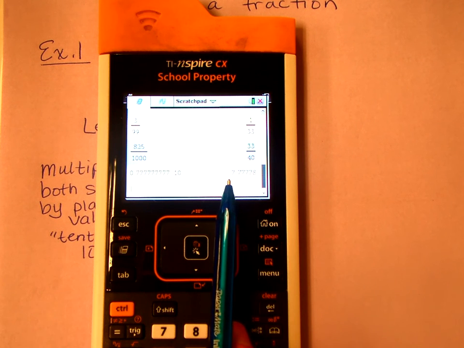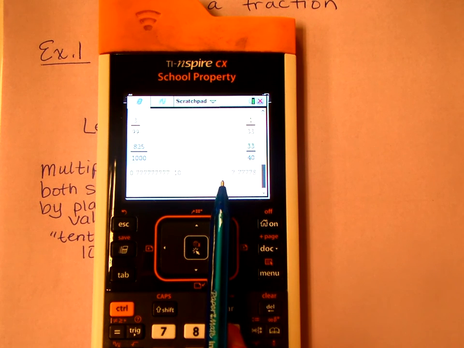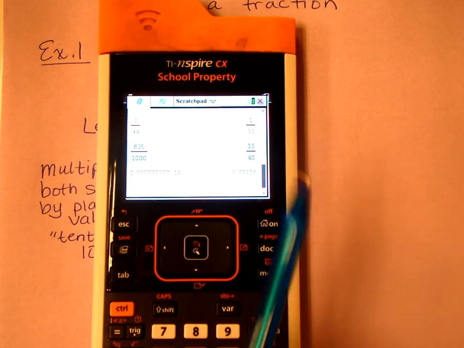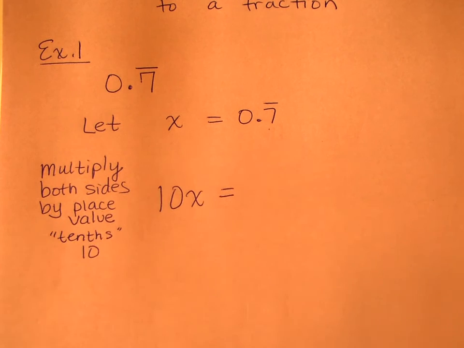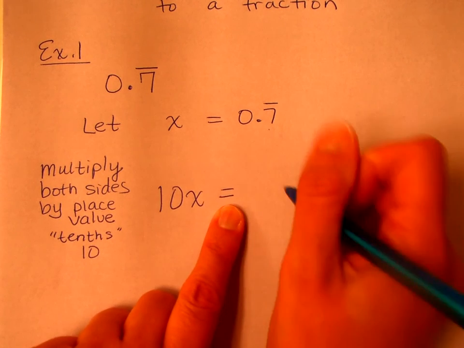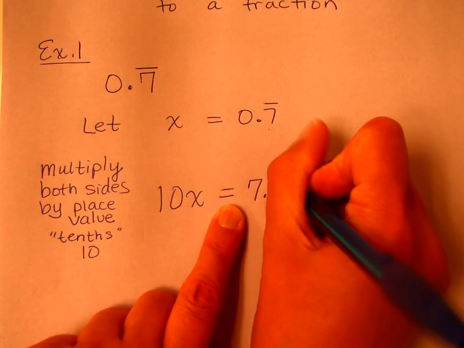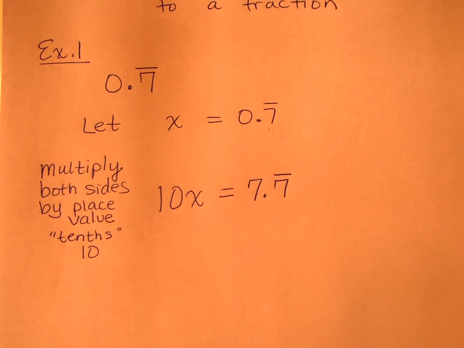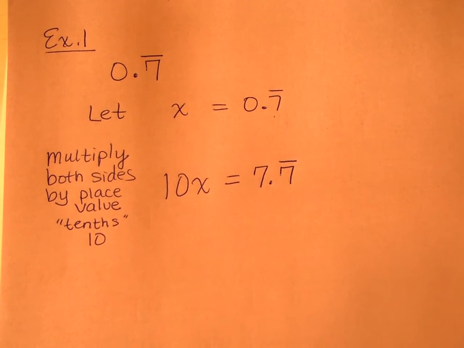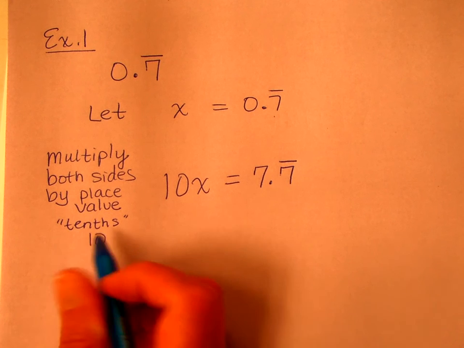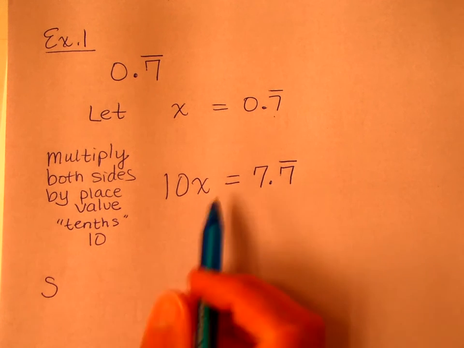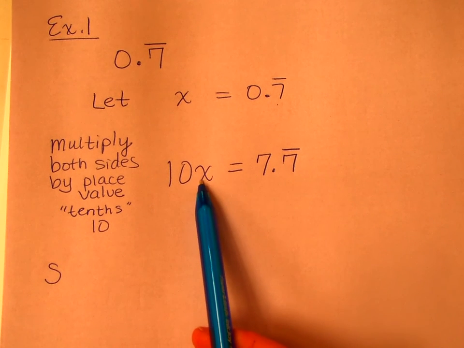It becomes 7.7 repeating, right? So it kind of moves it over one to the left there. So we get 7.7 repeating. All right. We still can't solve it quite yet.